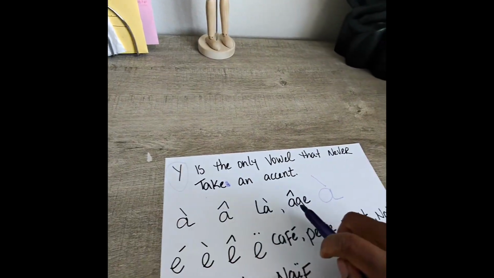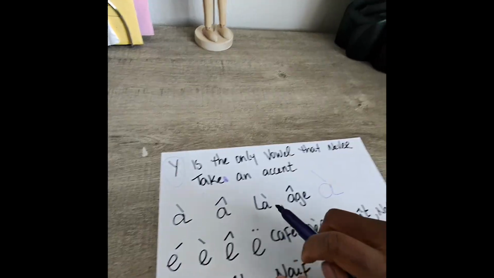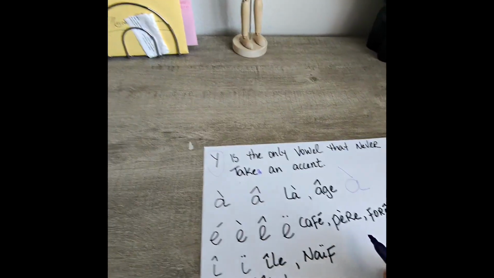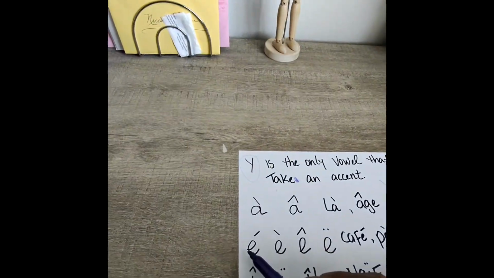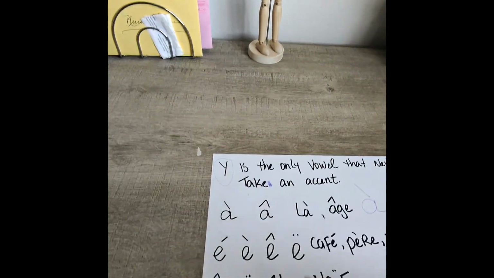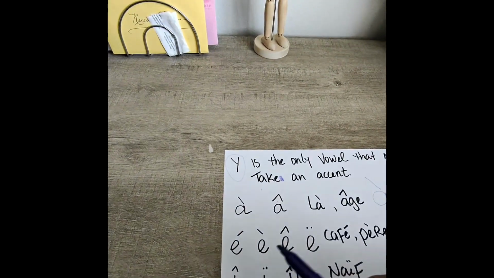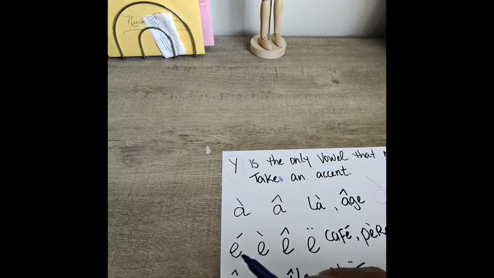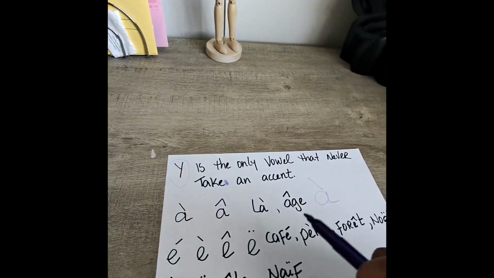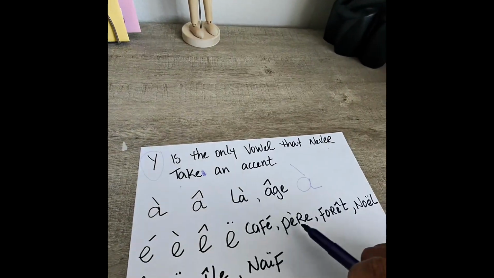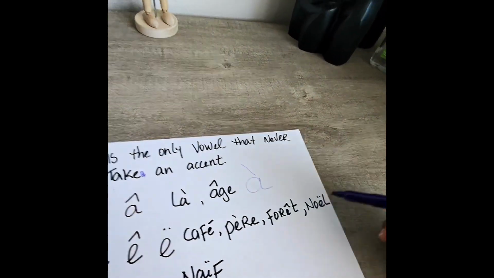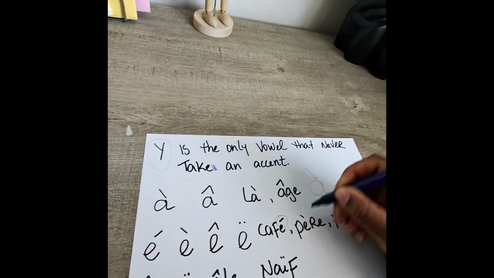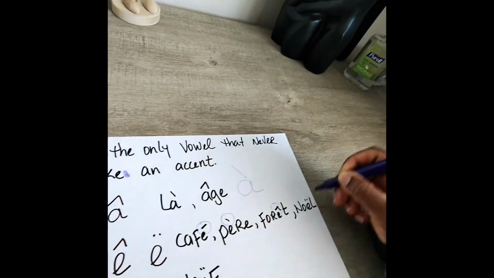We have 2 examples here: là, âge. The letter E is the only letter that uses all 4 accents. Café, père, forêt, Noël. And you can see that they are all different.